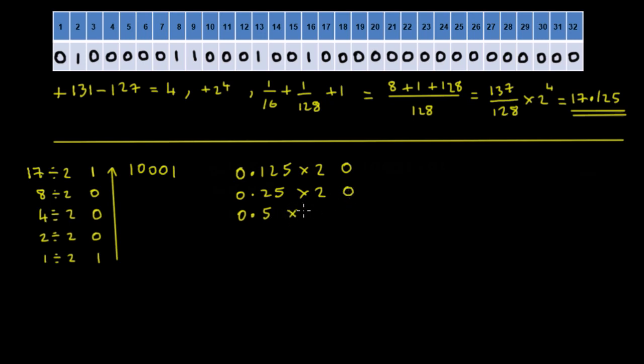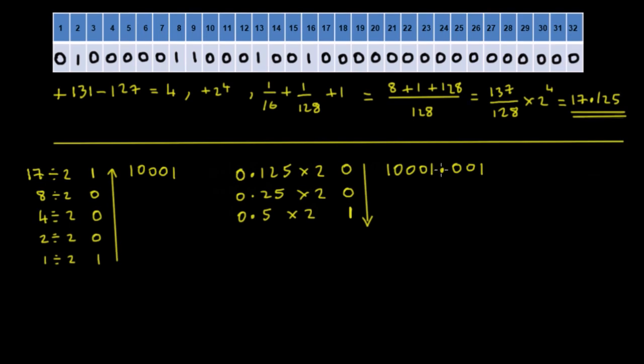We multiply the 0.5 by 2, and it's going to give us a value of 1. So there's a whole part here, so we take the whole part up here, and that's us finished. Everything else will be zeros after here. So we would read this one down this way. So we've got the fixed point number, which will be 10001.001.